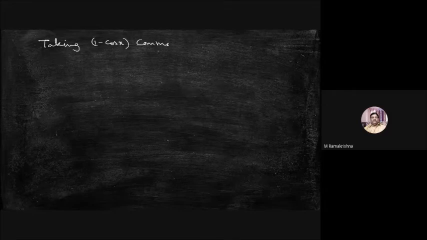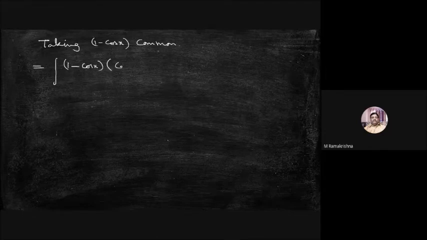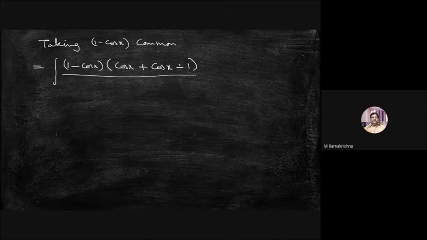So taking 1 minus cos x common, you are going to get integration of 1 minus cos x into cos x plus 1 plus cos x by 1 minus cos x dx.